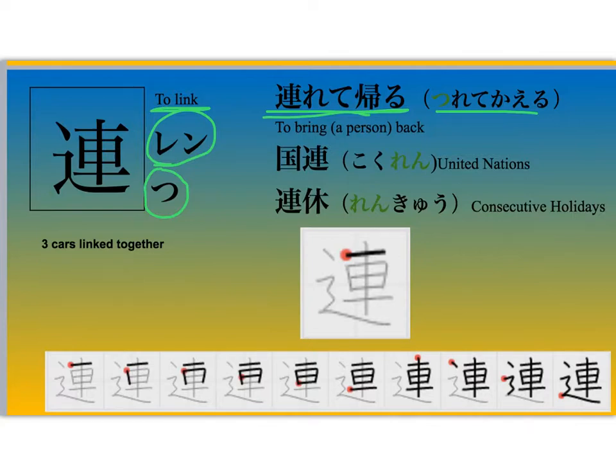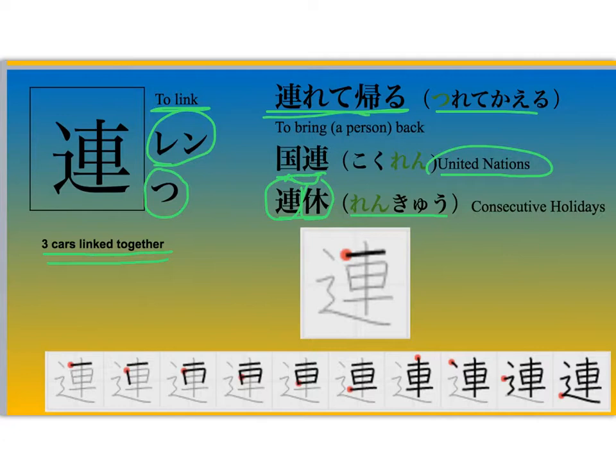But also you find it in things like this. Kokuren, which is the United Nations, right? So linking together different countries, as well as renkyu. Renkyu means basically holidays that are linked together, or consecutive holidays. So actually it makes sense to use this strategy, 3 cars linked together, where that left-hand radical looks sort of like a 3.